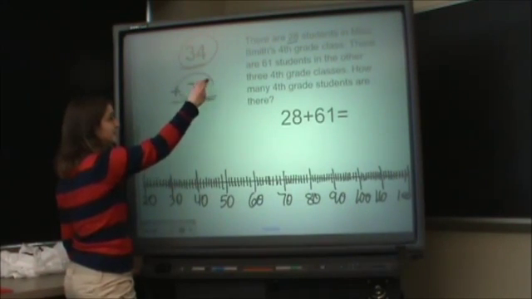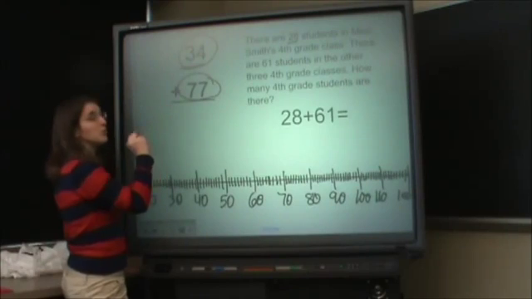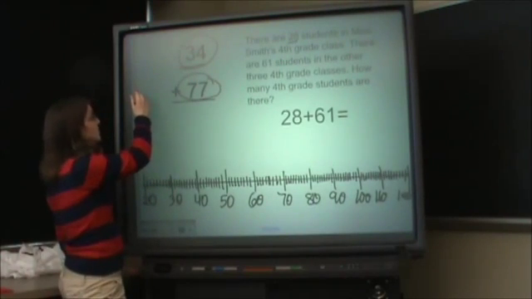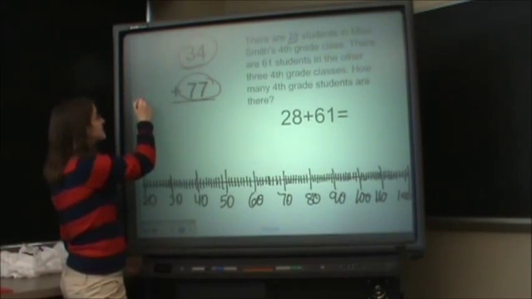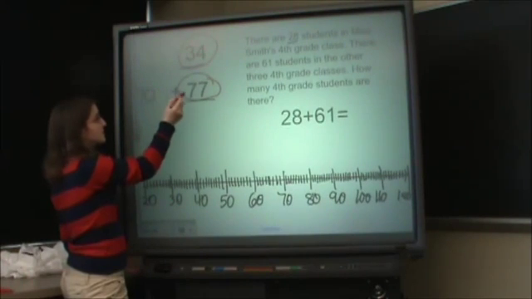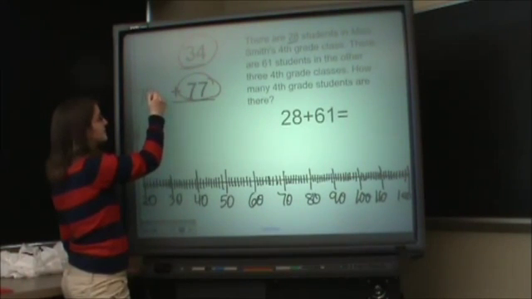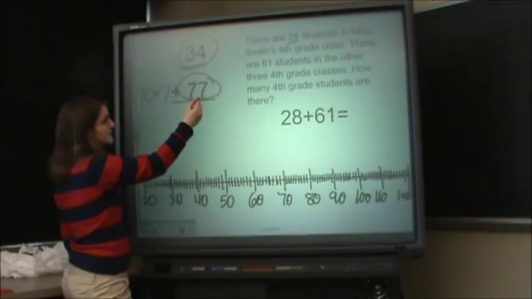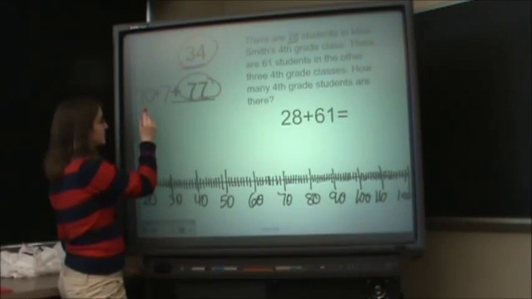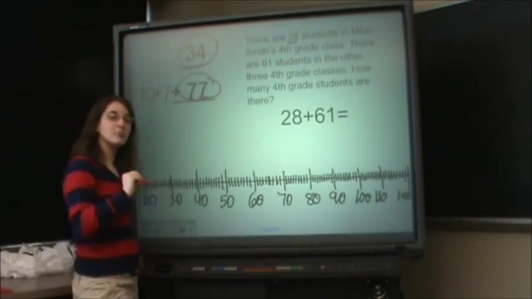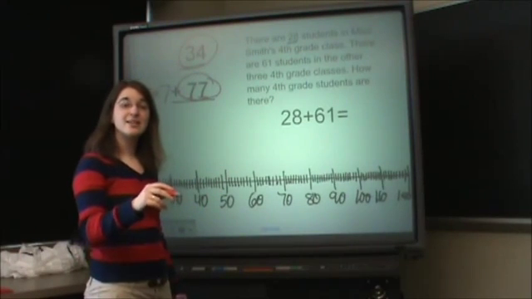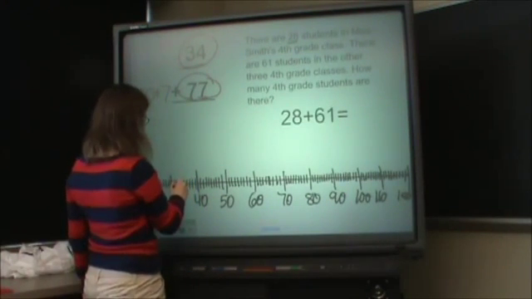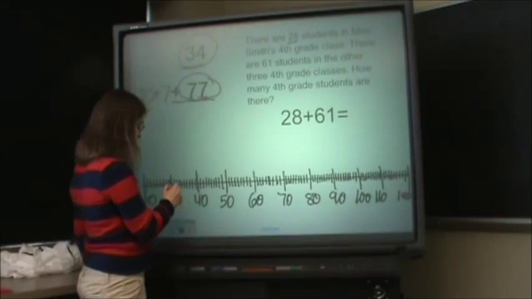Let's look at our 77 and pull this apart just like we did with partial sum. 70, because we have 7 tens, plus 7, because we have 7 ones. So 70 plus 7, I'm going to hop forward 7 times when I'm counting by 10.